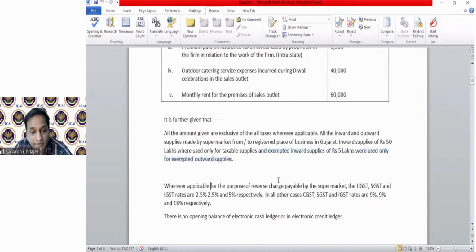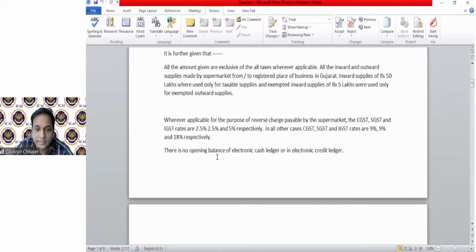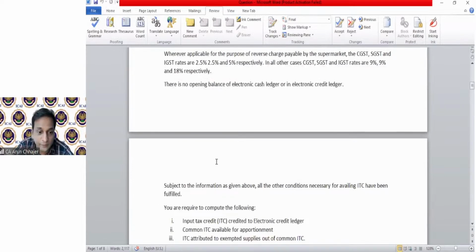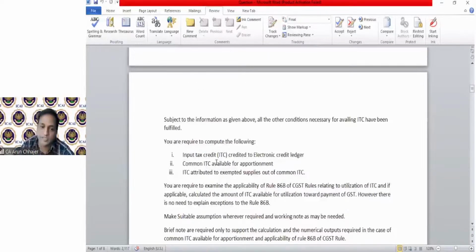Now, wherever applicable for the purpose of RCM, the GST would be 5%, and in other cases the GST would be 18%. There is no opening balance. Subject to the information given above, all the other conditions necessary for availing the ITC have been fulfilled. So all the conditions of 16(2) are assumed to be fulfilled.